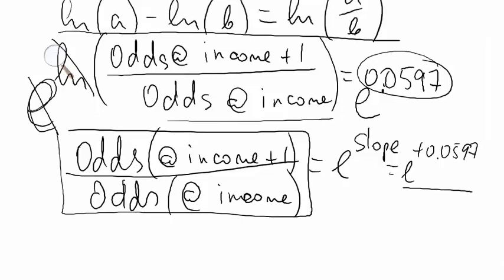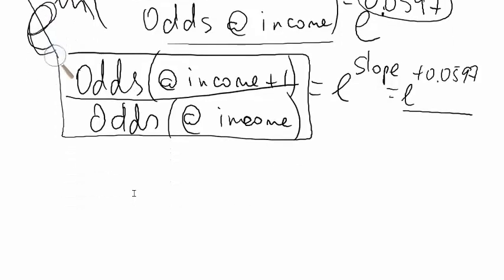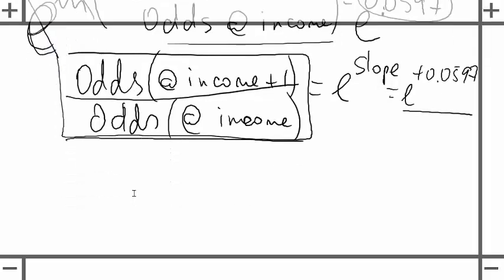On the right-hand side we have simply e to the power of the slope, okay? So it comes down to the interpretation of the slope for the variable. For the logistic regression, the interpretation of the slope for each variable is different from regular linear regression. This ratio right here on the left side is called the unit odds ratio. Well, it's obvious why it's called odds ratio, right? It's odds 1 divided by odds 2. Why is it called unit?